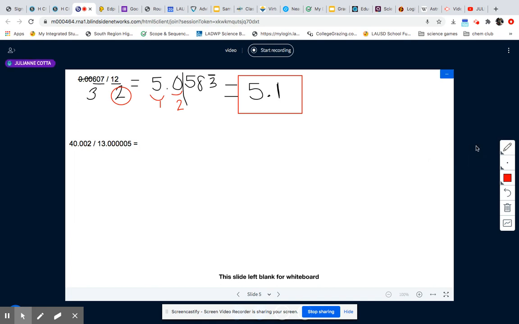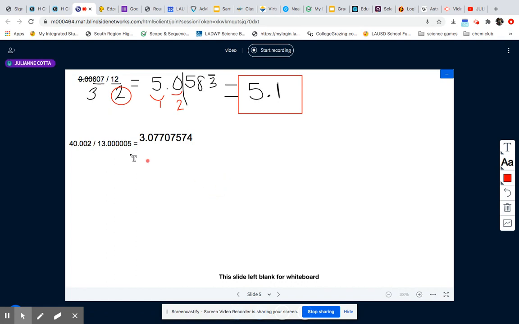Okay, so let's put this in the calculator and divide it like normal. So 40.002 divided by 13.12345, zeros, then 5. And my answer is 3.07707574.